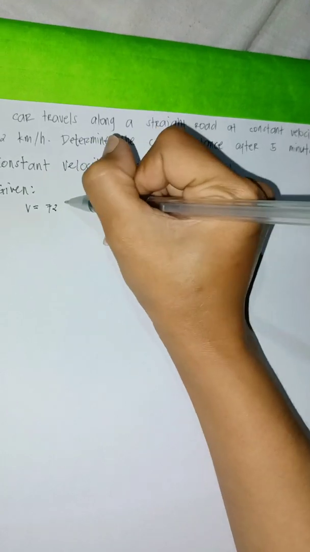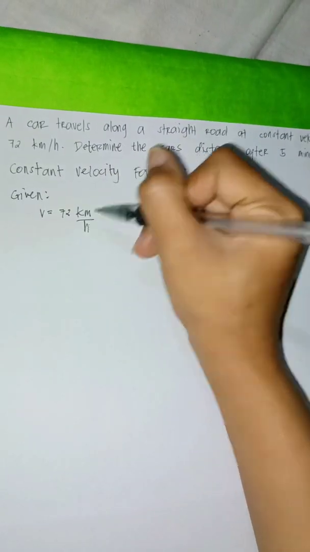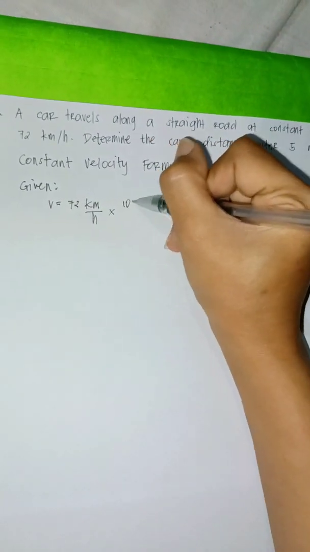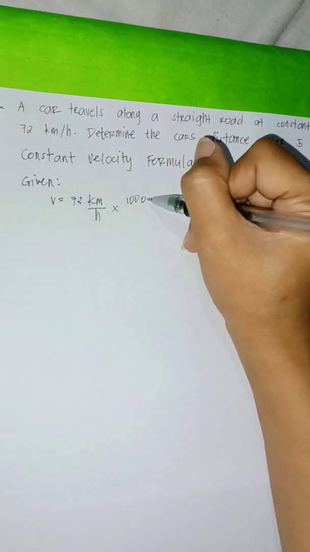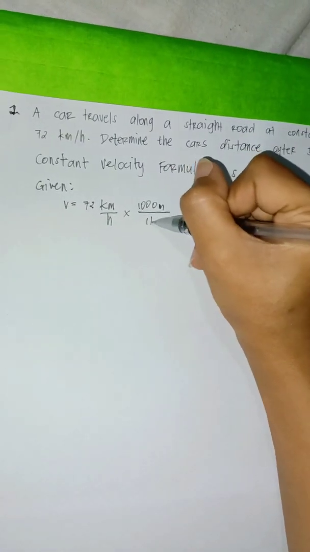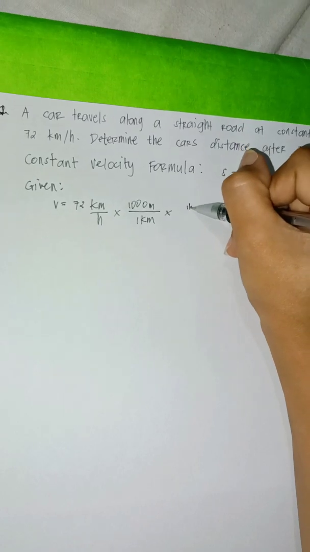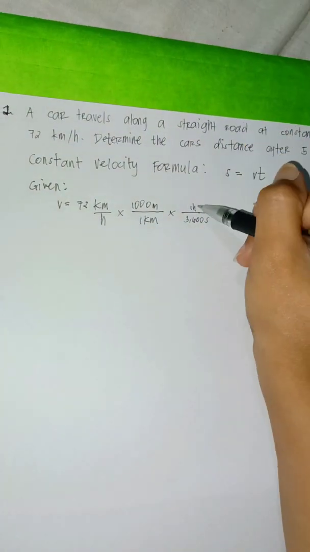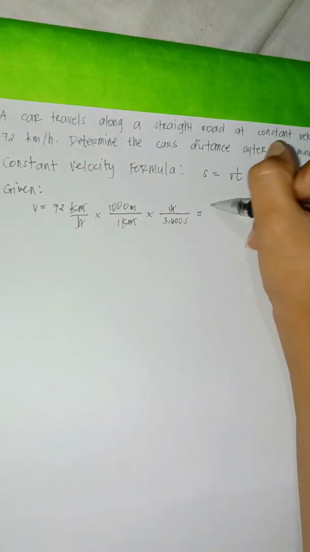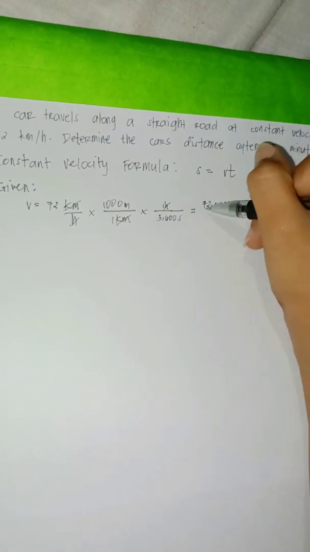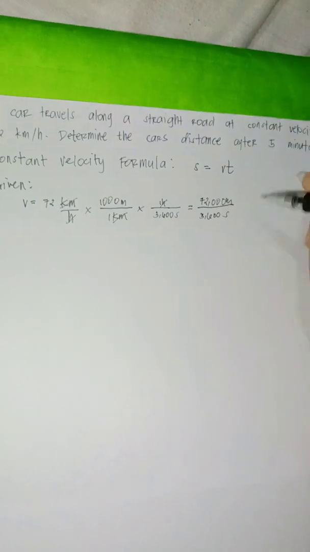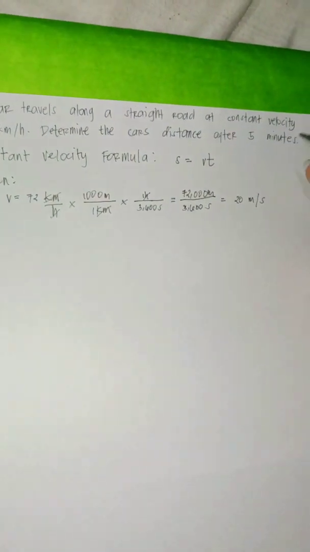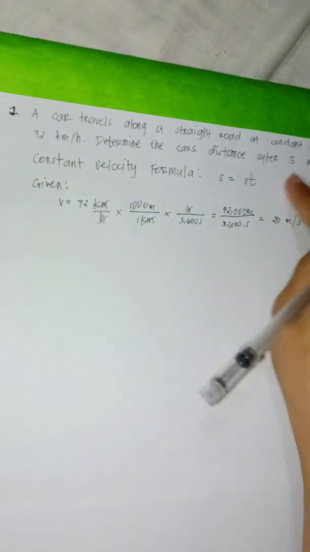Our given is velocity is equal to 72 km per hour, and we're going to convert it into meter per second. So multiply by 1000 meter over 1 kilometer times 1 hour over 3,600 seconds. So the answer will be 72,000 meter over 3,600 seconds, which is equal to 20 meter per second.